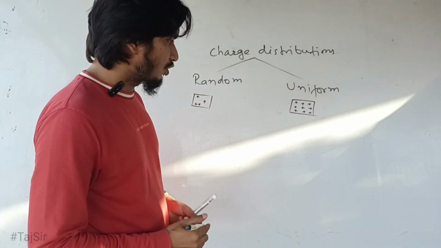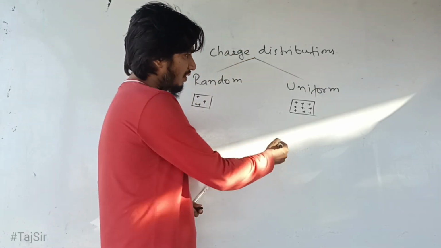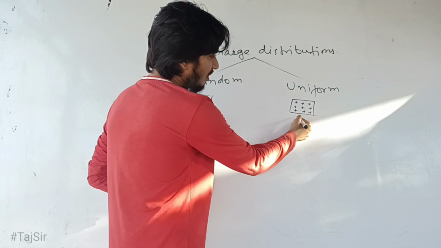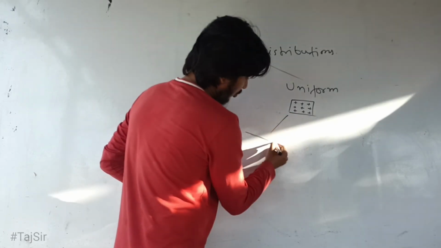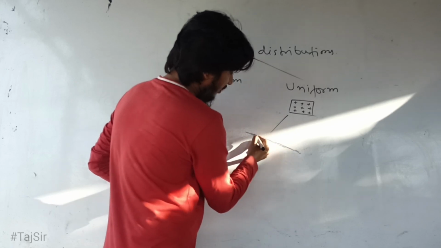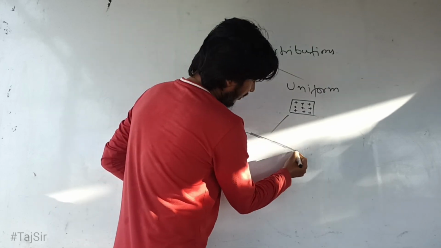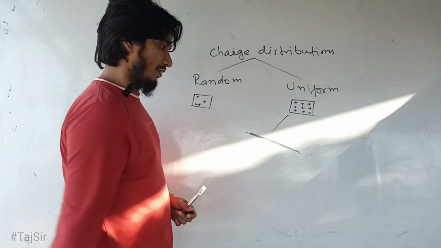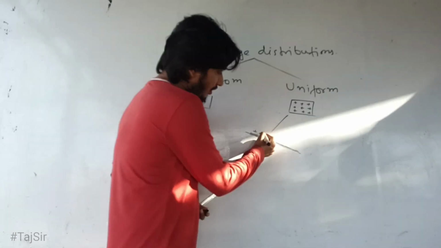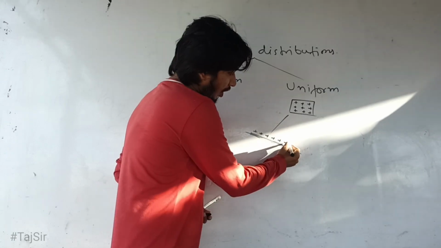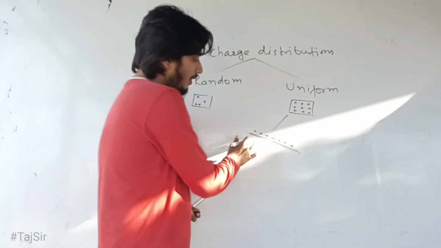This uniform charge distribution could be further subcategorized into three categories. One is known as linear charge distribution. It means that there is a thin line, and in this line there is charge distributed throughout the length.